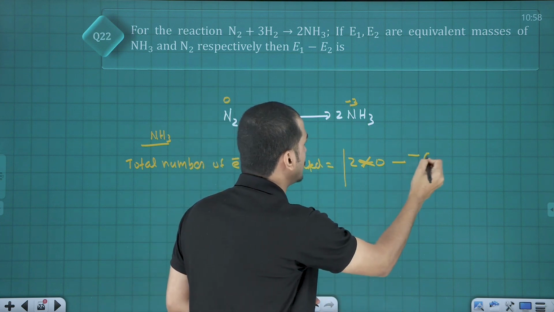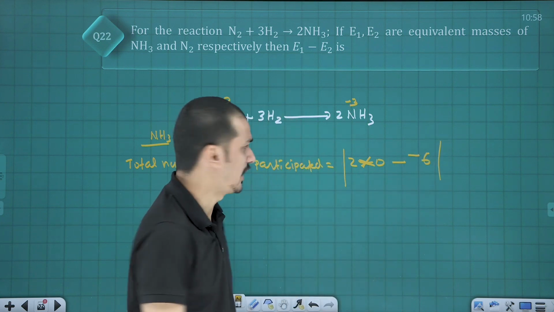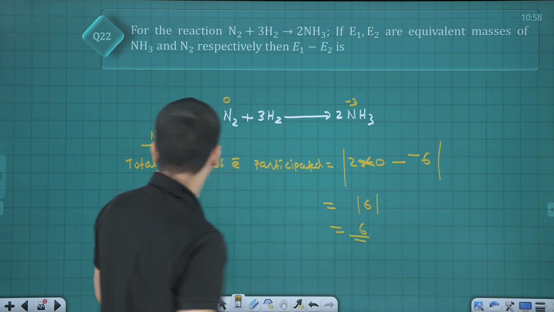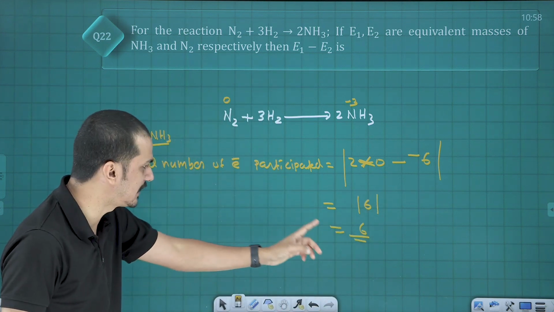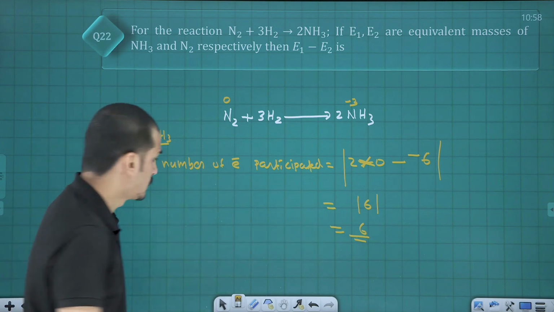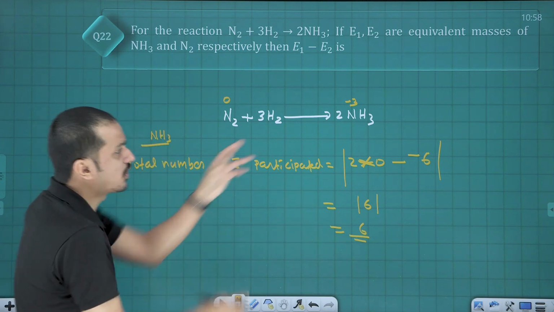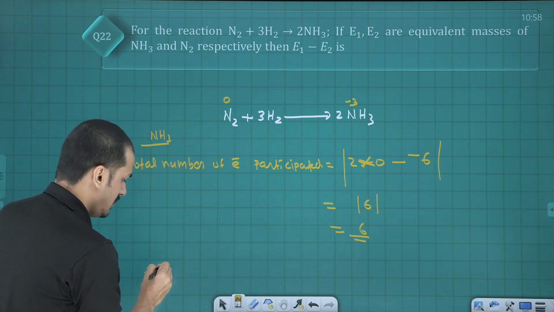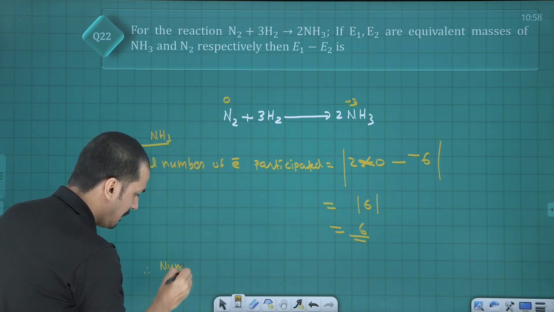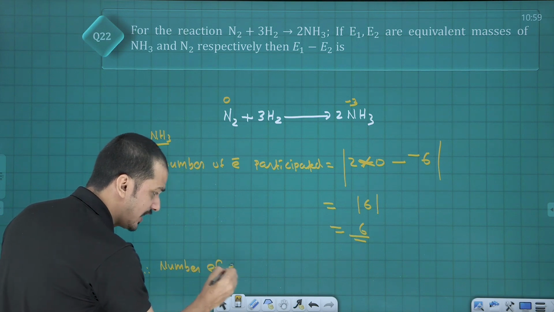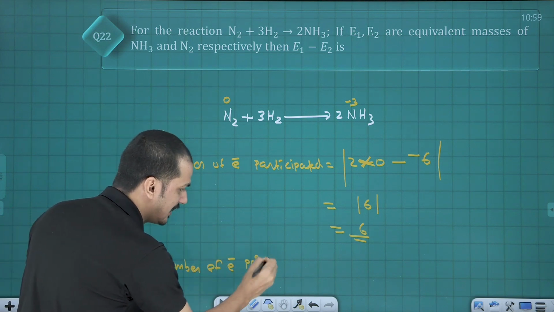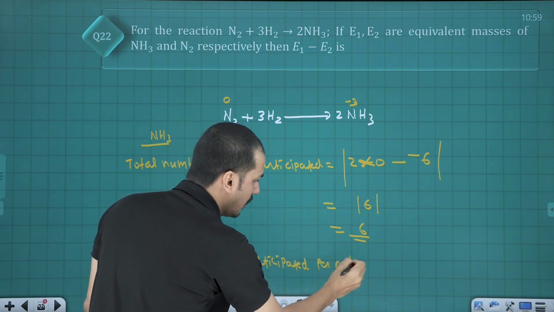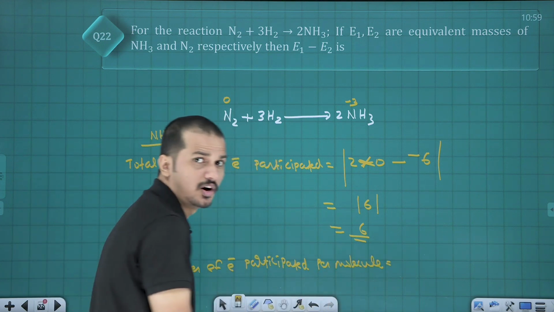That means -6. Okay, so what's the answer? So modulus of 6. So 6 is coming. So the total number of electrons participated is 6. Ready? So what is our question here? For 2 molecules of ammonia, 6 electrons are participated. Therefore, number of electrons participated per molecule equal to how much?